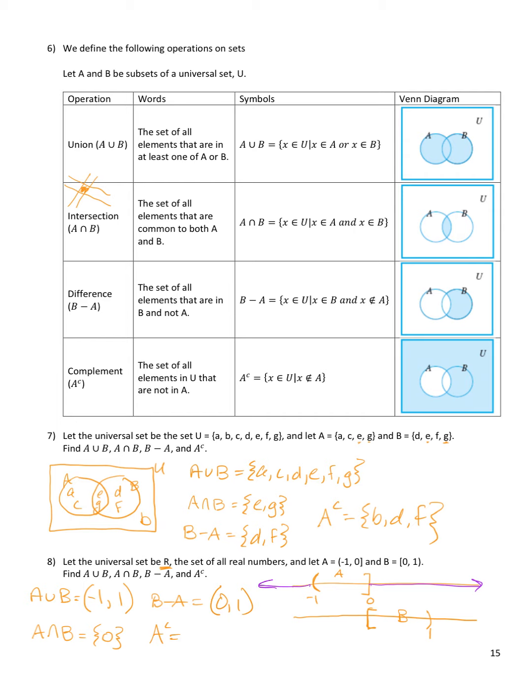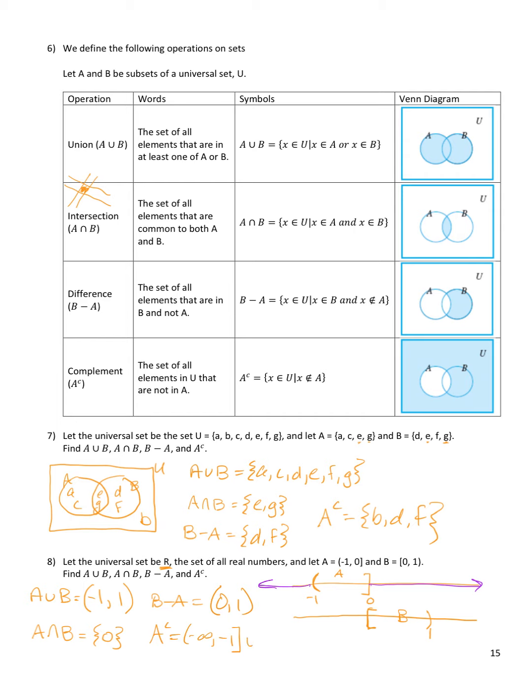So I would say it's negative infinity up to -1. And should I include the -1 in the complement? Well, -1 is not in A because of the round bracket, which means that it is in the complement.